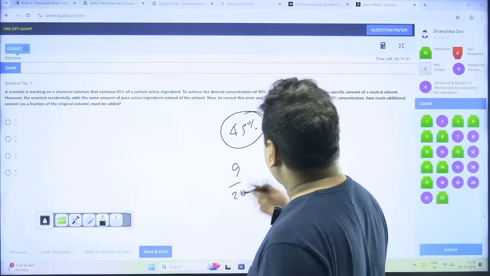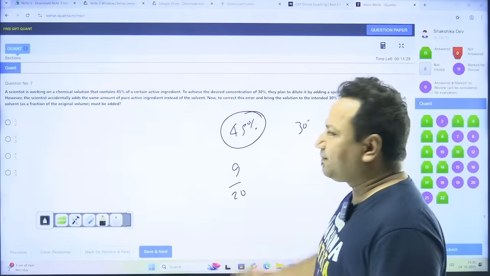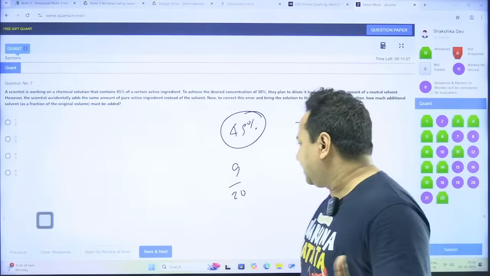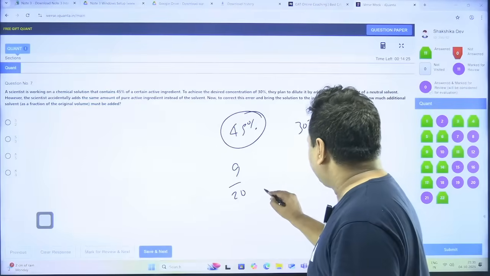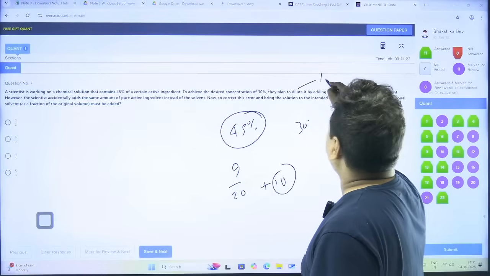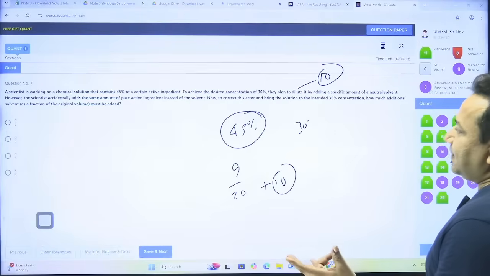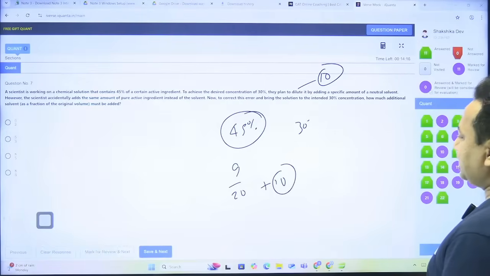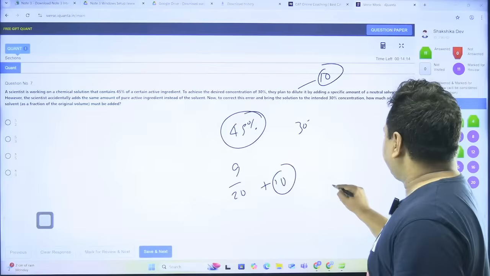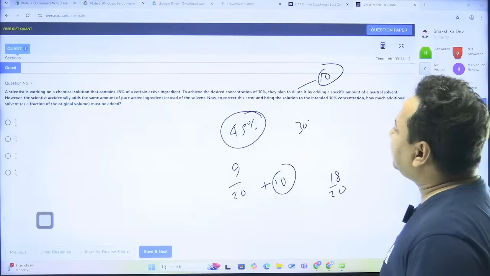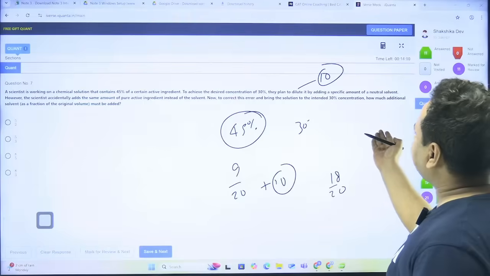If you want to make it 30, 30% is 9, that means 10% is 3, that means 100% is 30. So 10 more has to be added here, neutral solvent. But instead of the solvent, the person added the same amount of pure active ingredient. Okay, so that person added 9, and it has become 18 by 20. To correct this error, bring the solution to the intended 30% concentration.